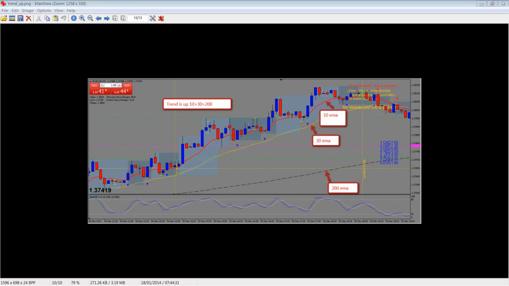So this screen I have up right now is a typical trend up screen where everything is above the 200, and the 10 is above the 30. So this is what we would consider an uptrend.